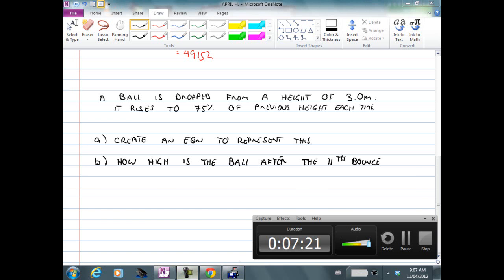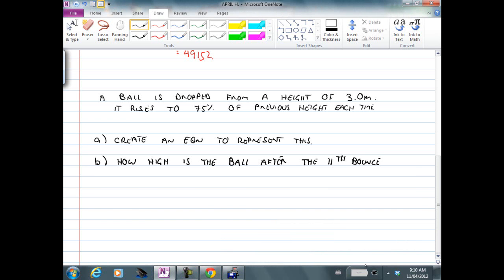So I'm going to pause it for now. It says create an equation to represent this. It means, well, what is the Tn formula going to be? The best way to do this is to write down the first few terms. My first term, A, would you agree is 3? No tricks. What's R going to be? R is 0.75.